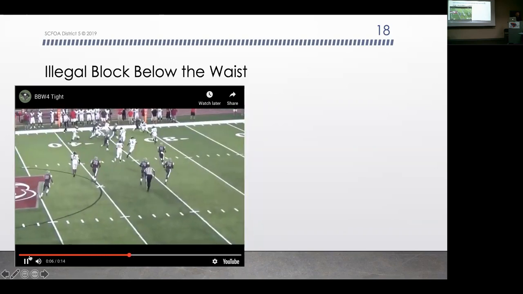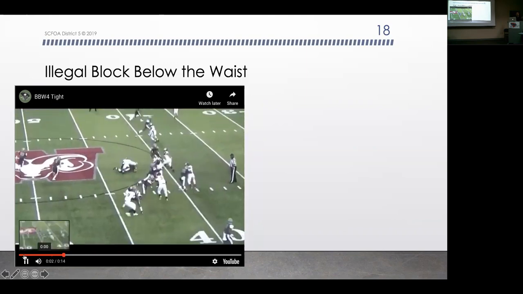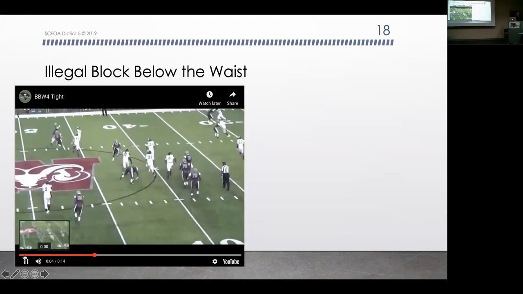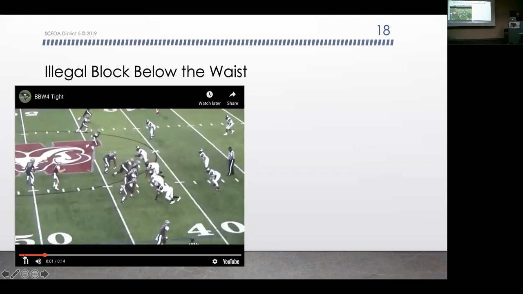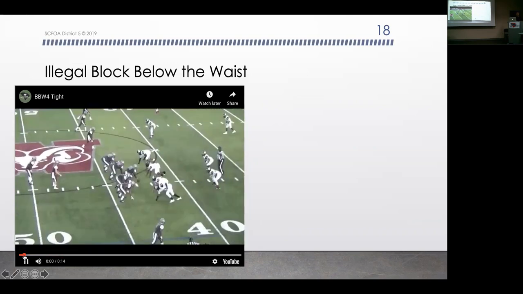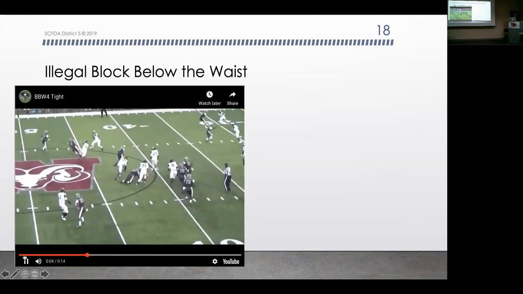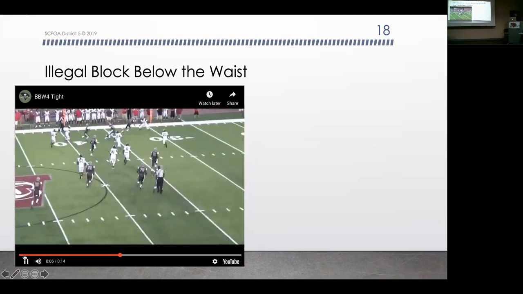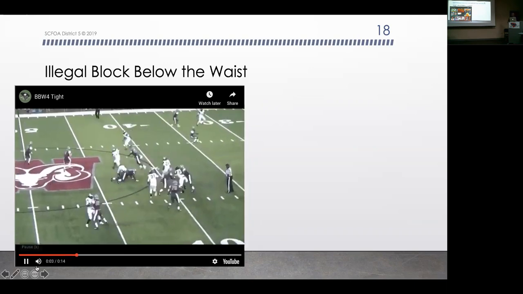If he immediately goes down, he would be okay on this. But he does that little two-step shuffle and then goes down, and by that point, the ball is already gone. So he's got to go immediately down, block him away. If he shuffles and hesitates, then at the snap, the ball is already outside the zone, and you can't do that.